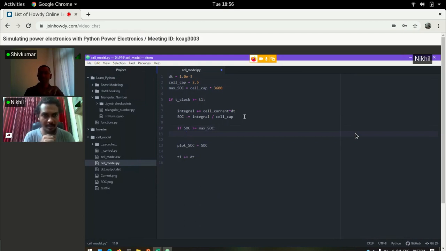So SOC is equal to max SOC, that is, it will not rise beyond the maximum charge. From this point, it will not increase, because it is fully charged. It can't charge more than that.